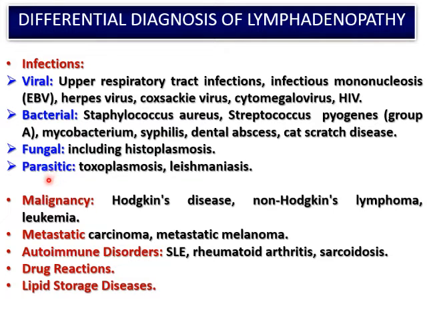Enlarged lymph nodes may also be due to malignancy like Hodgkin or non-Hodgkin lymphoma or leukemia. It may be due to metastatic carcinoma from any primary site, which can metastasize to the lymph node. Large lymph nodes may also be due to autoimmune disorders like systemic lupus, drug reaction, or lipid storage disease.